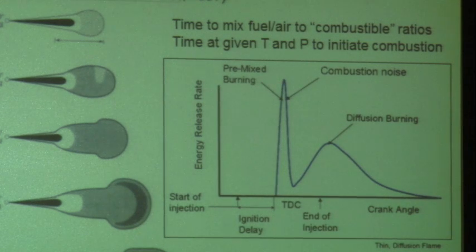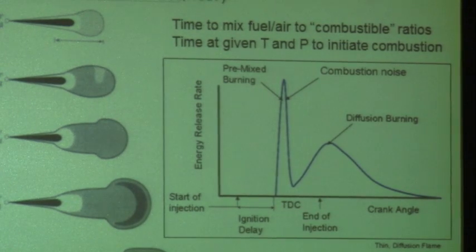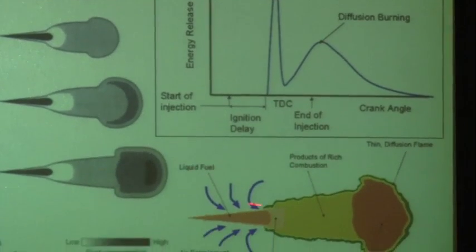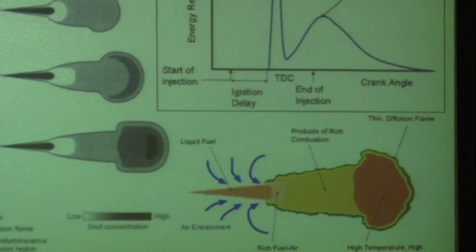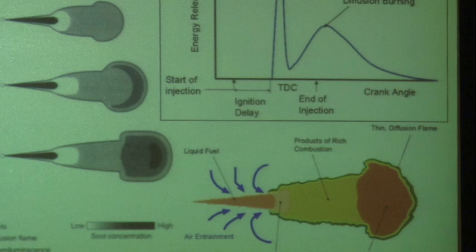So John Deck, some years ago, using optical diagnostics, showed some details in a transparent engine that led him to this conceptual model here. You inject the fuel, these fuel droplets exchange their momentum with the air and get the air moving, which then entrains high temperature air into the spray, mixing with the fuel.